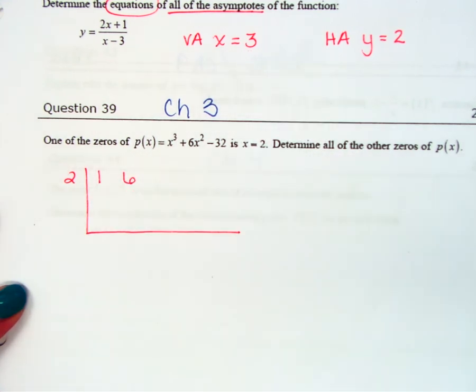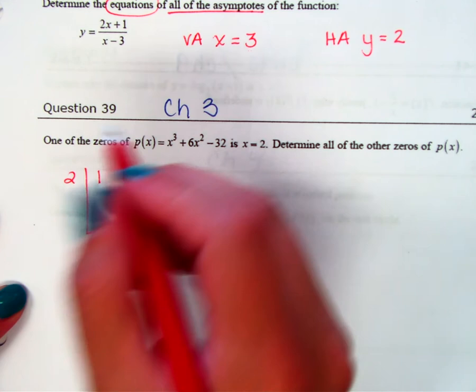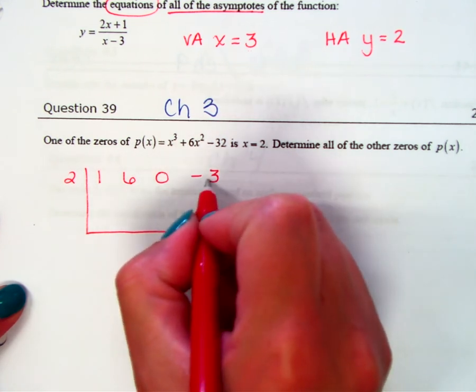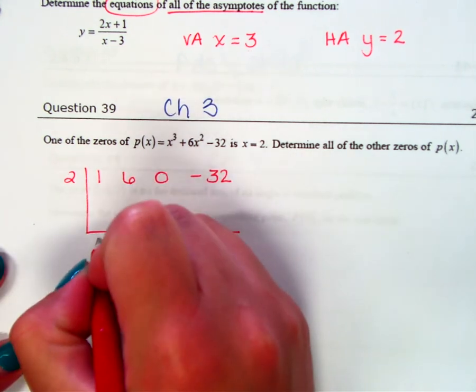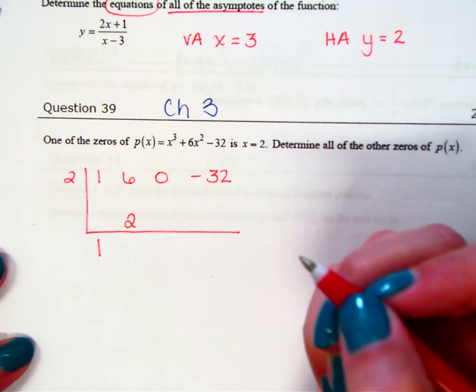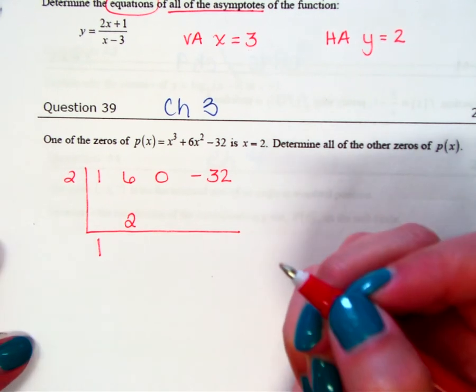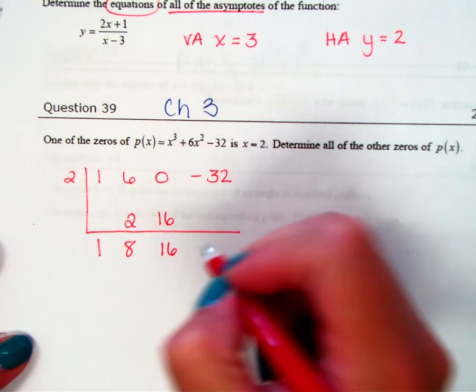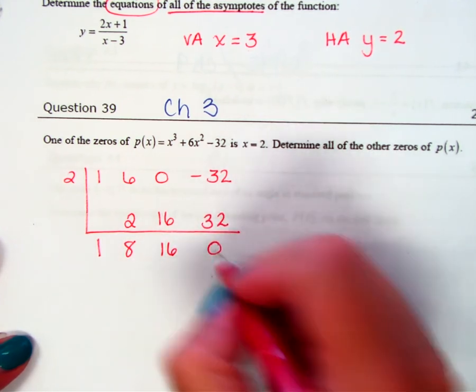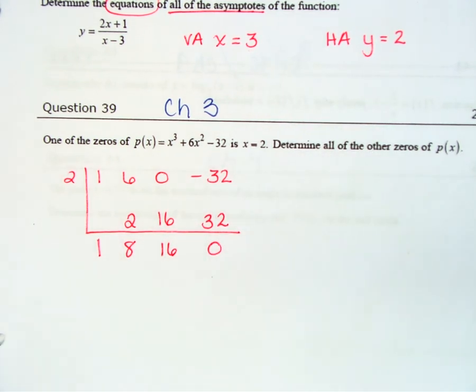What am I missing in this one? I got to put in a 0 for the x's. So a little bit of a trick here. If you miss that, that's going to cause you a problem. And if you don't get a 0 on the end, you know you've done something wrong.